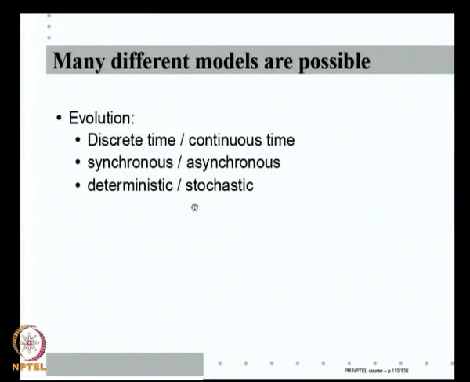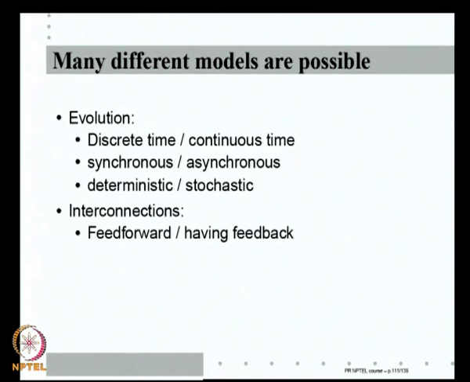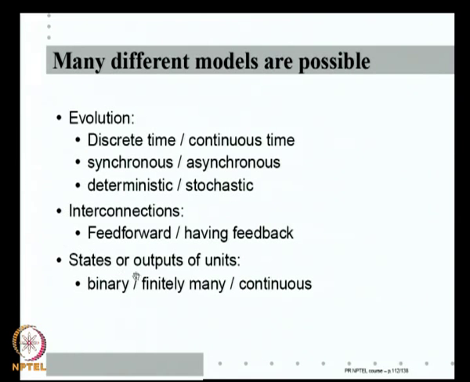The activation function can be deterministic or stochastic. These are the kinds of choices we have. There are also choices in terms of architecture, where the interconnections are only feed forward or also have feedback, and whether the outputs of units are binary, take only finitely many values, or are continuous functions. There are many different combinations, and all combinations are possible.